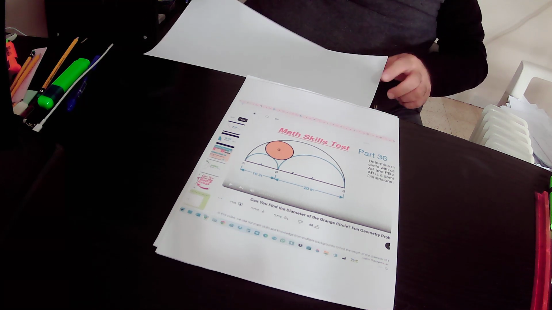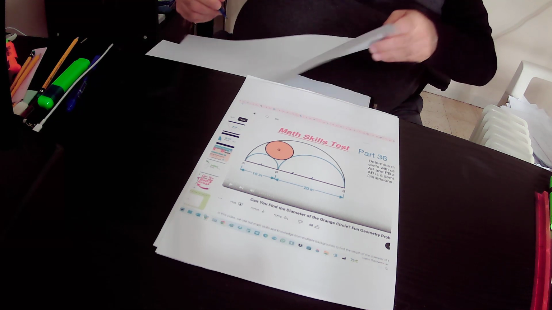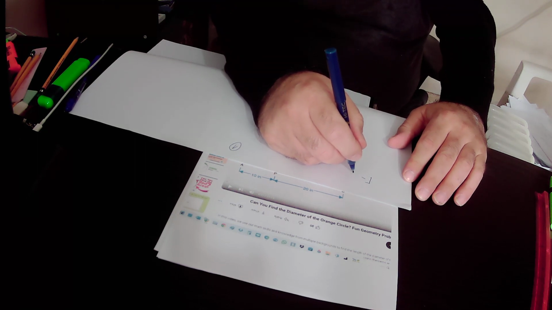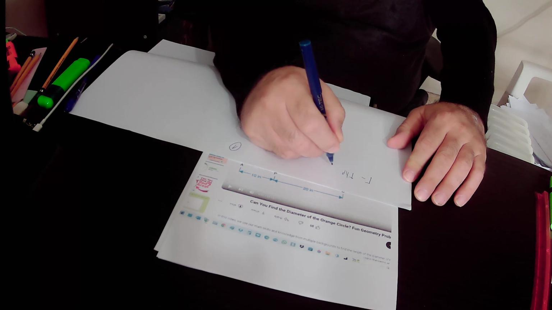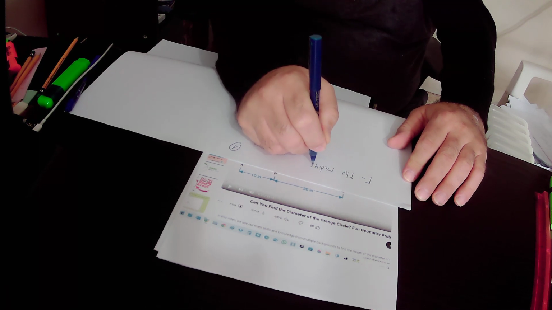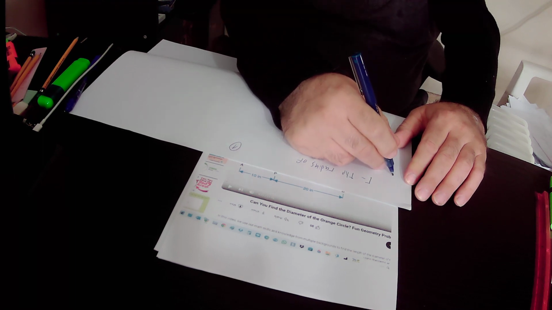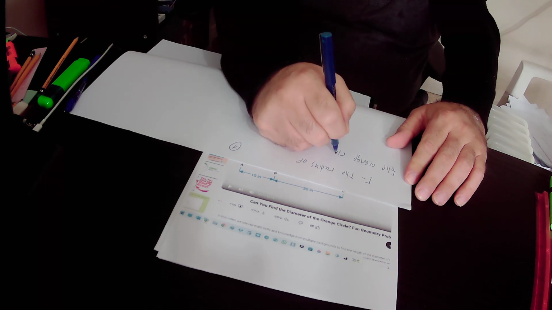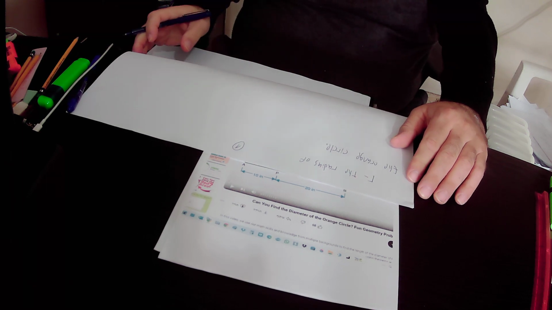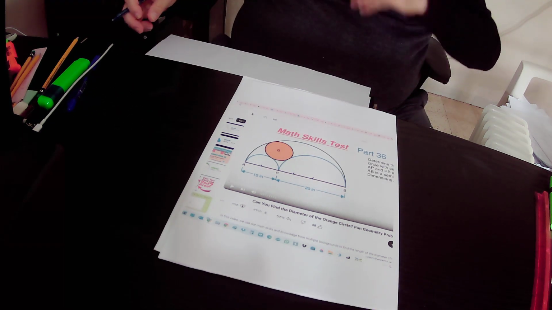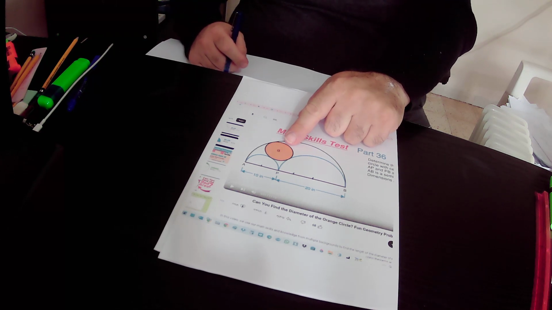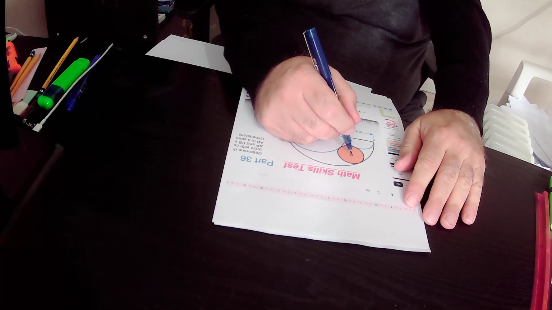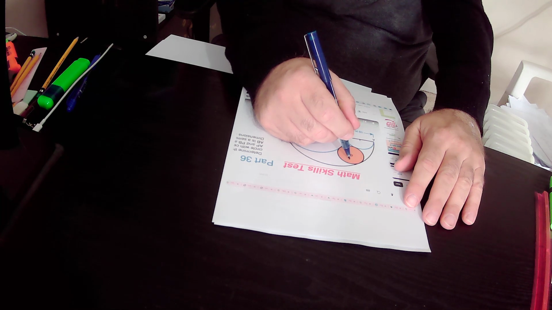So R is the radius of the orange circle, and we will define the center of the orange circle as C. So this is the center.